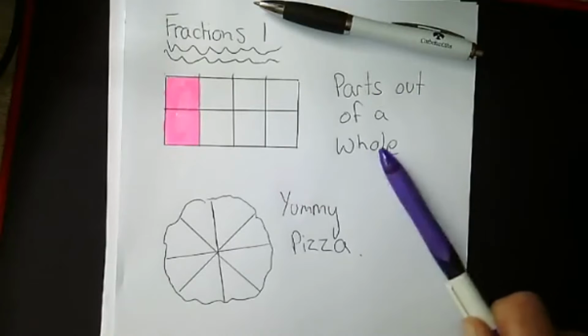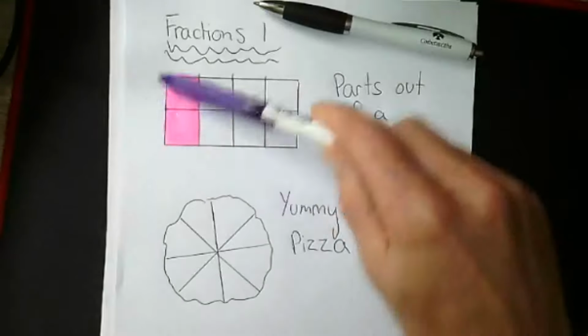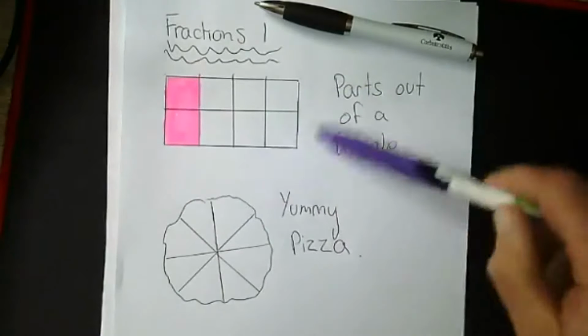And whole means the whole shape, the whole amount, whatever you're talking about, the whole chocolate bar, the whole packet of cereal, the whole thing at the start. How much have you got at the start? How much is available? That's what the whole is. Everything's referring to a section out of that part. So the whole, the whole thing, the whole shape.